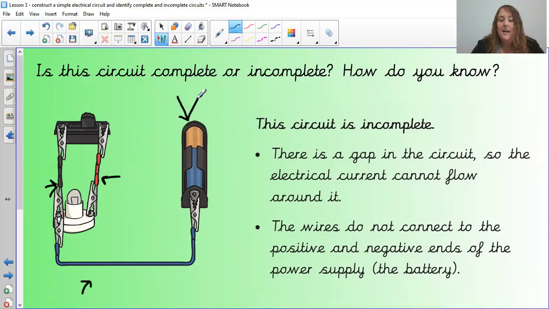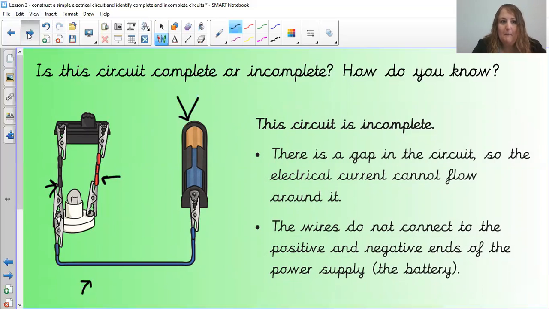So there's nothing able to flow through it. And the wires do not connect to the positive and negative ends. So it's this part here. So if one of our wires moved, it might have been complete, but this is incomplete and this will not work. The power supply from the battery cannot travel around the wires to light the light bulb.